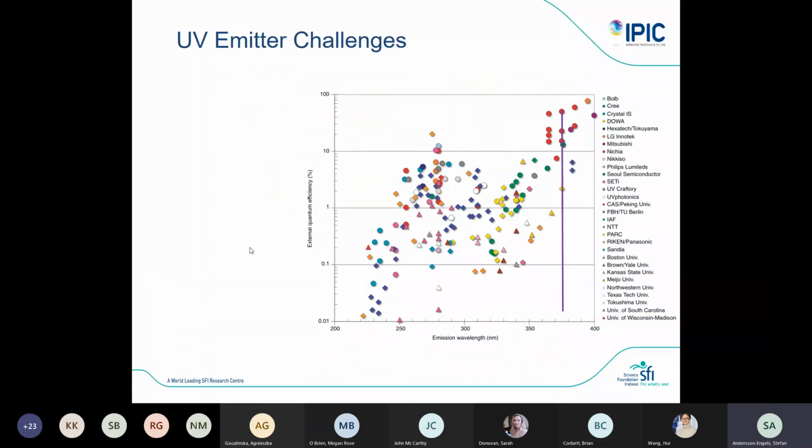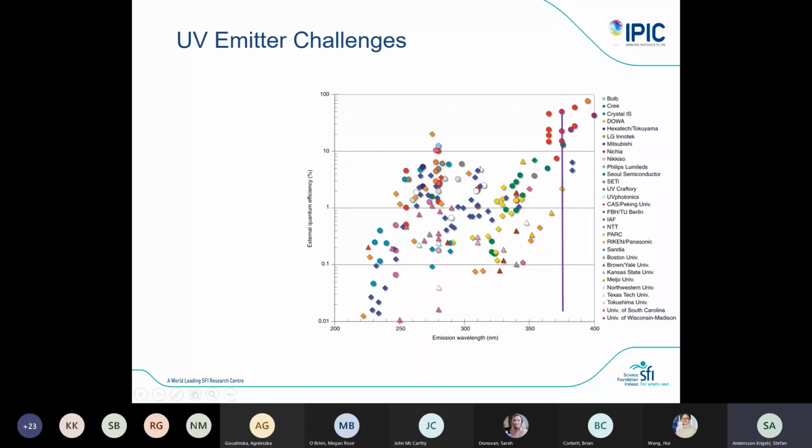And if we then look for semiconductor sources, so this I just took from your slide, Peter, from a presentation that you had previously. So just showing that, okay, this is the wavelength range here, and we are just trying to see that in the ultraviolet region here, it's actually a gap.